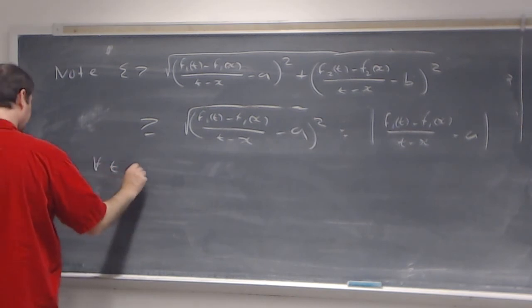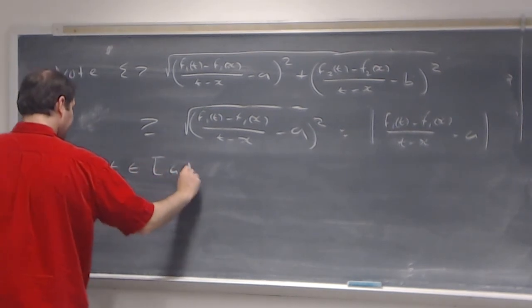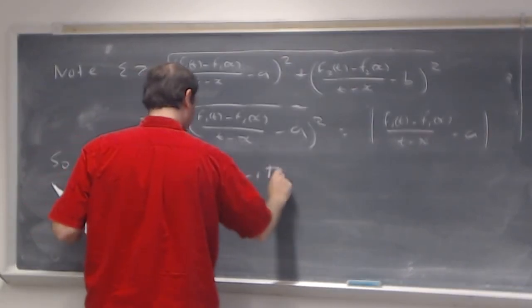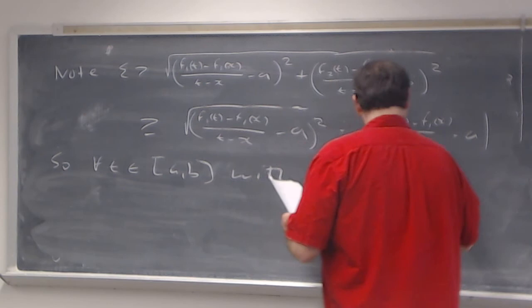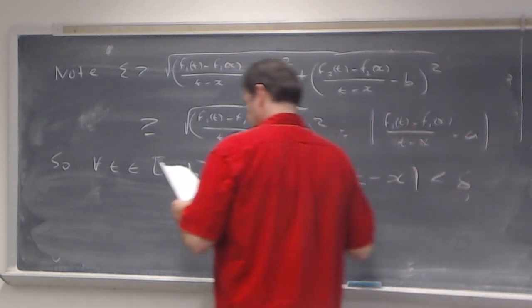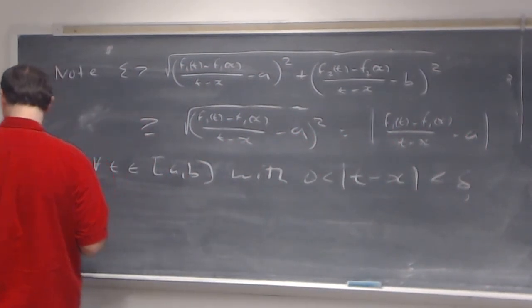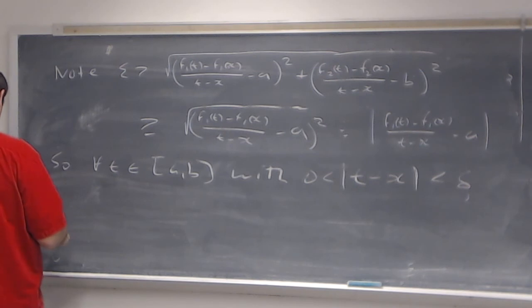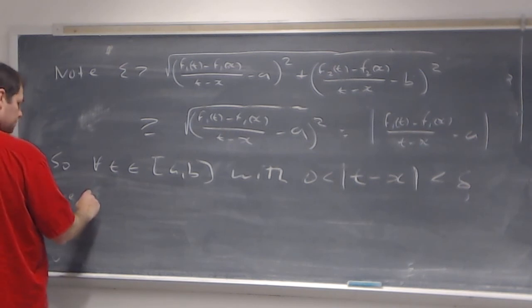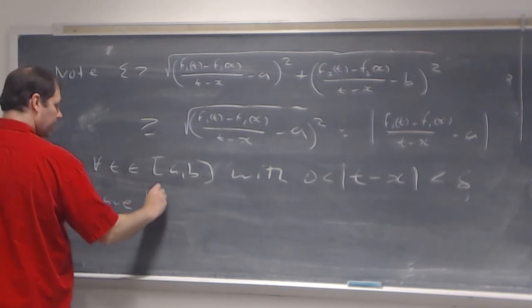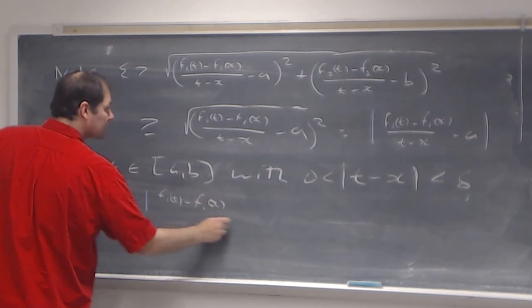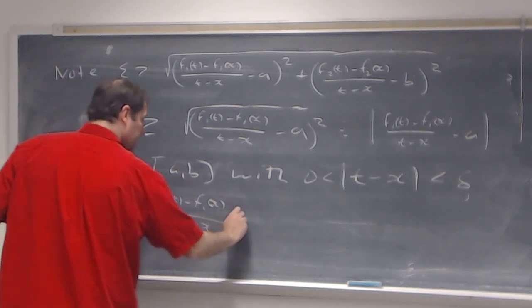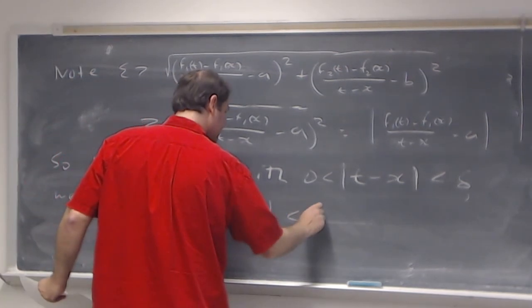So for all t elements of a to b, with 0 being less than the absolute value of t minus x being less than delta, we have that the absolute value of f sub 1 of t minus f sub 1 of x, all over t minus x, minus a is less than epsilon.